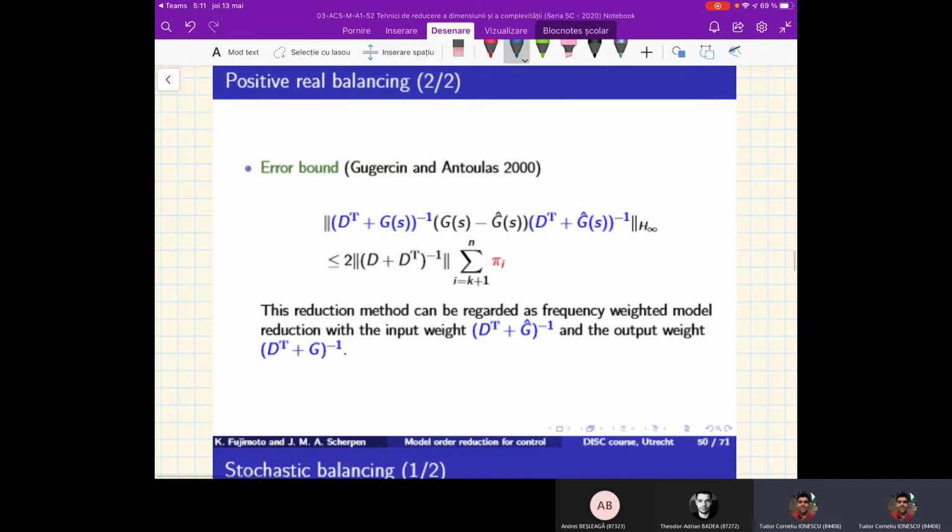And you can get an error bound, which is a bit more strange. If you look at it, it looks like a frequency-weighted error bound. Notice that, again, this term comes into place. So we have an issue about that. It can be regarded, it says here, as frequency-weighted model reduction with this input weight and this output weight. It's very interesting, huh?